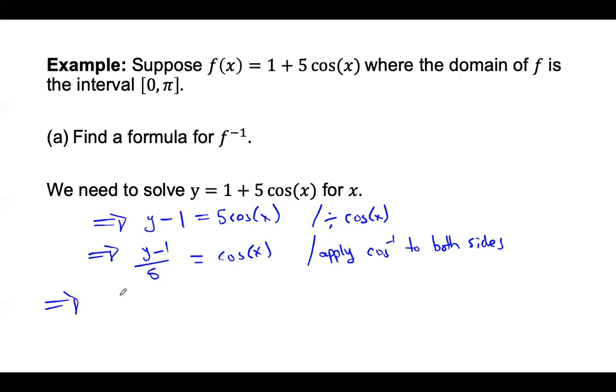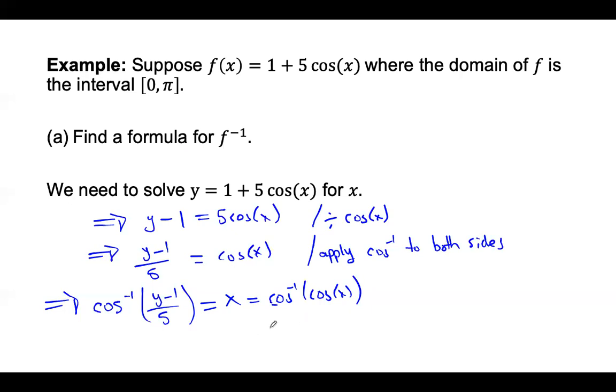Whatever you do on the left, you do on the right. So we take the inverse of both sides. So we get cos inverse of y minus 1 divided by 5 equals x, because this is equal to cos inverse of cos of x. Same thing.